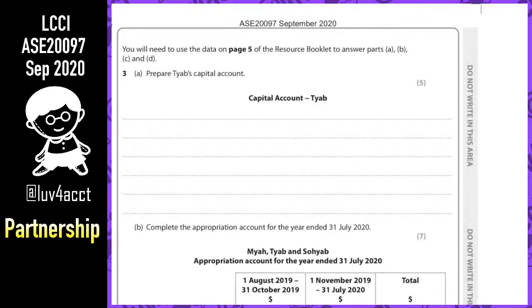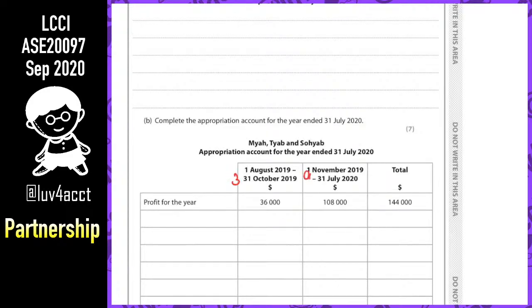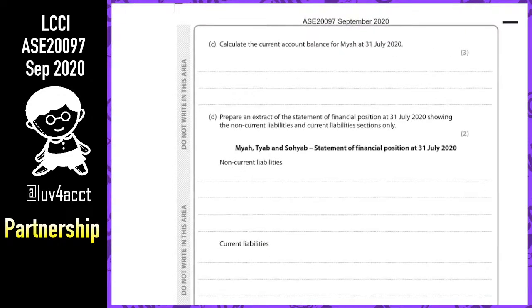Then complete the appropriation account, and remember this is 3 months, and then another 9 months. Profit for the year is given to you, including how it is spread. Then calculate the current account balance of partner M. Prepare an extract of the statement of financial position, non-current liabilities and current liabilities.